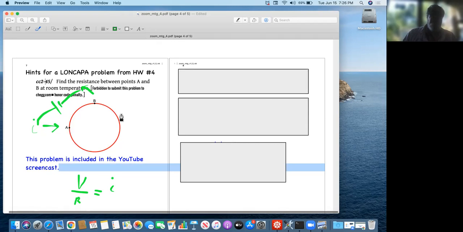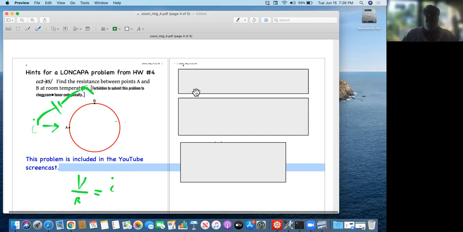No, this resistance is 3 times larger than this resistance because the length is 3 times larger. Remember, resistance is resistivity times length over area. The cross-sectional area is constant all around the wire. So you have a small resistance here, a larger resistance here by a factor of 3, and you want the total resistance.